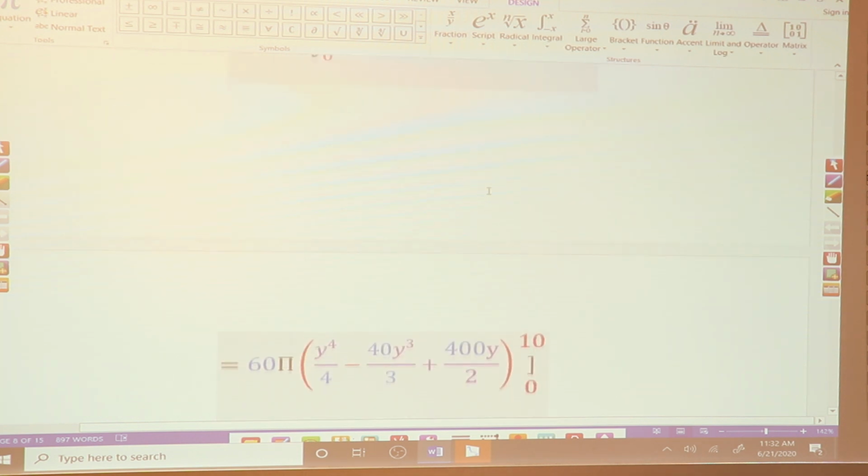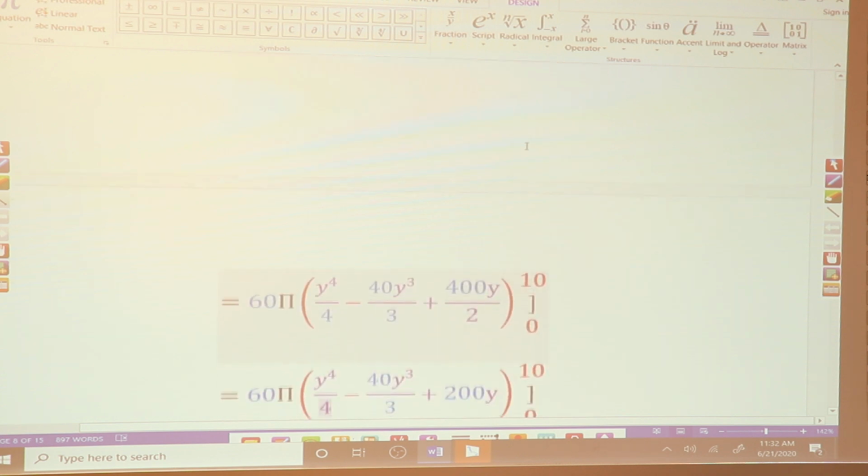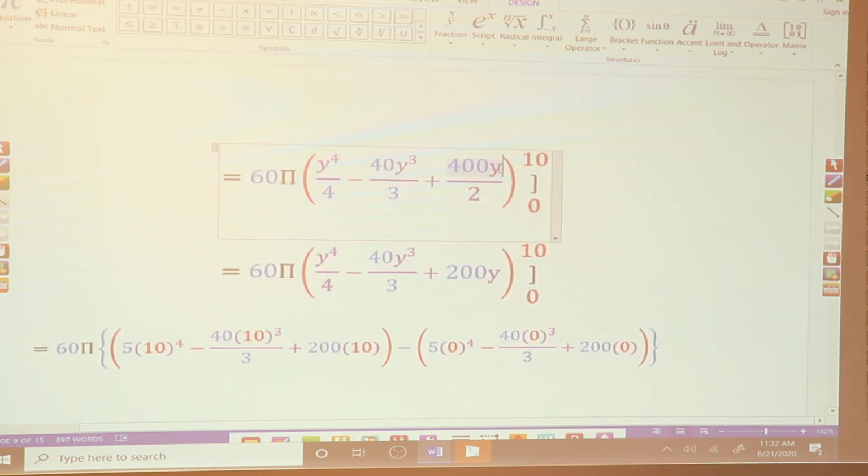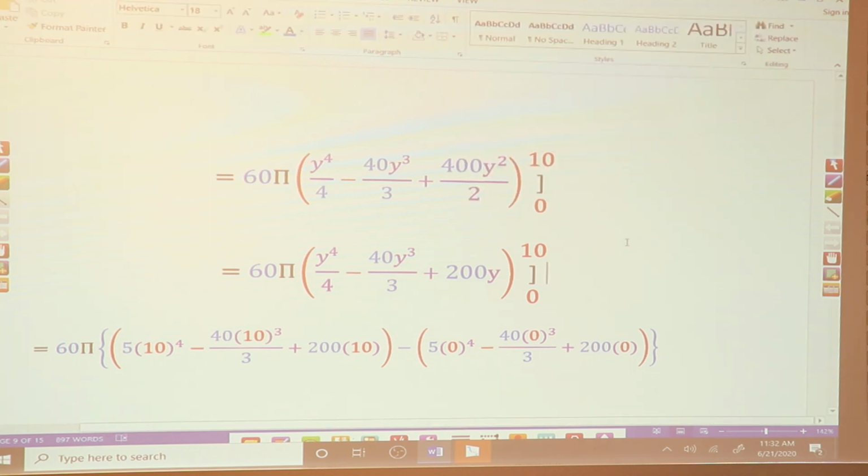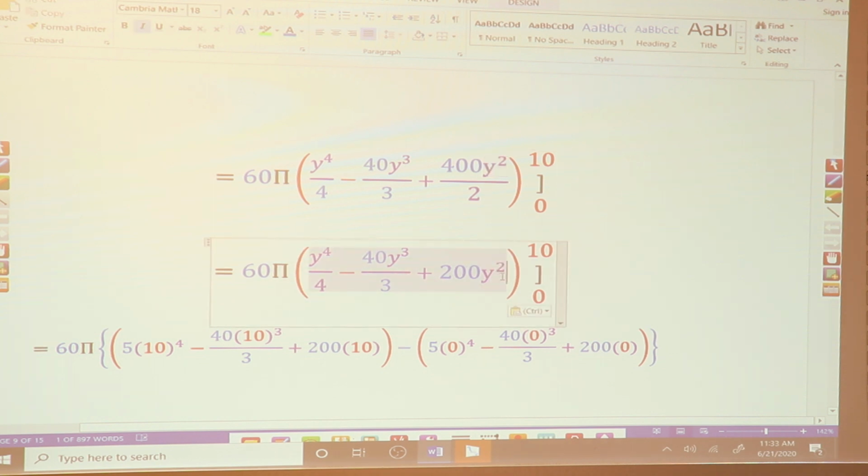Integration of 400y is 400y squared over 2, which is 200y squared. Good.